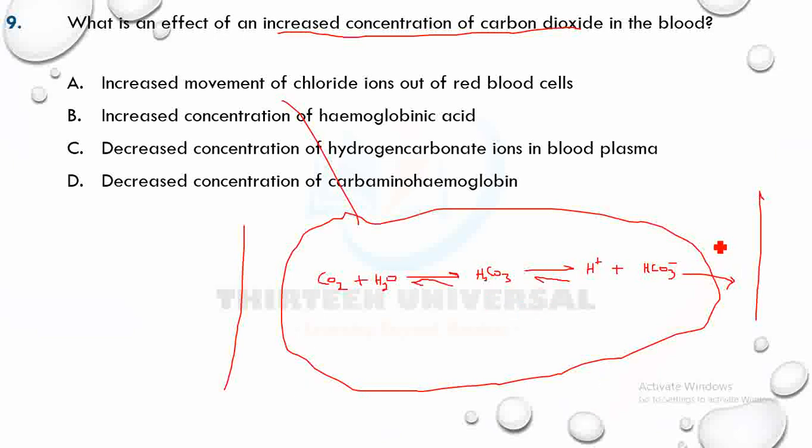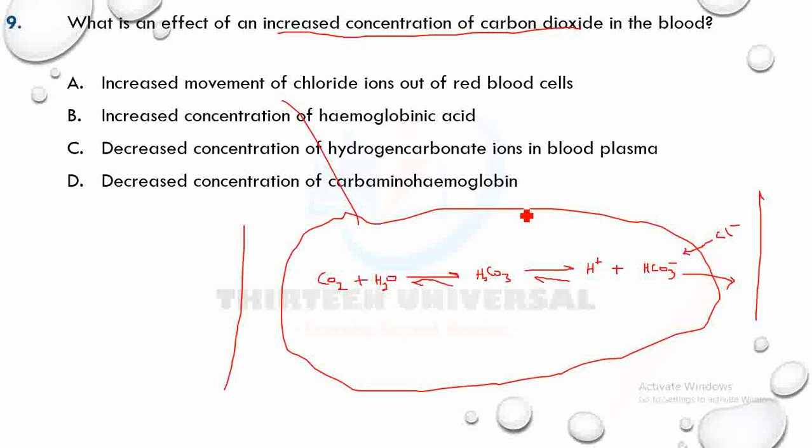And of course, to balance the electrical neutrality, negative and positive, chloride ion will move in when hydrogen carbonate ion moves out. Remember, hydrogen carbonate ion is transported in the plasma, so it has to leave the red blood cell and diffuse out to the plasma by facilitated diffusion. To balance the amount of negative and positive charges, chloride ions diffuse in. That's what we call chloride shift.